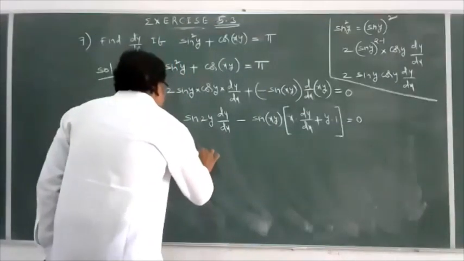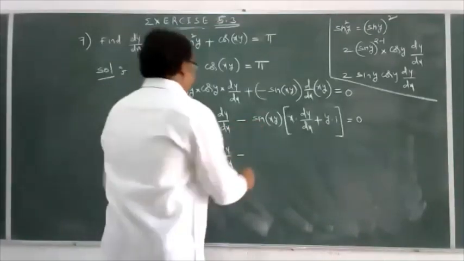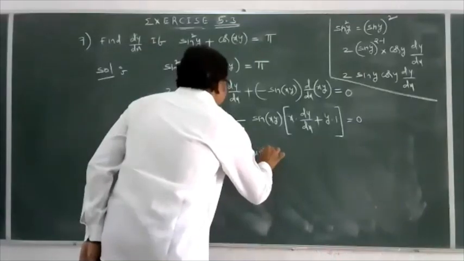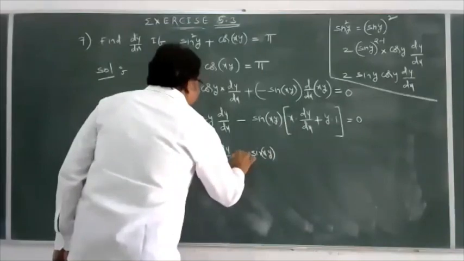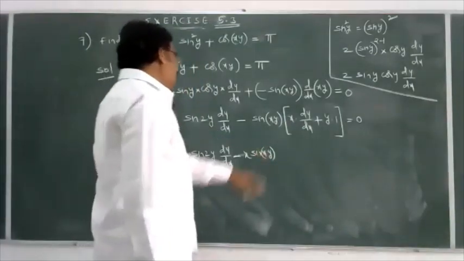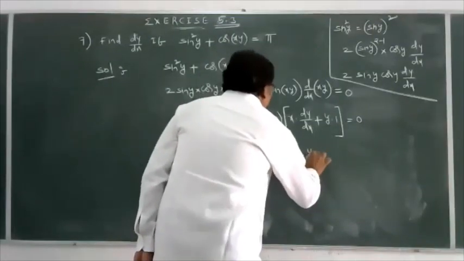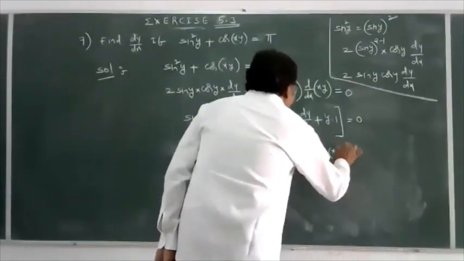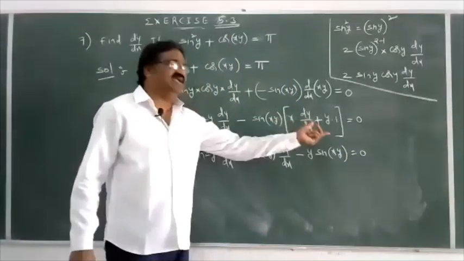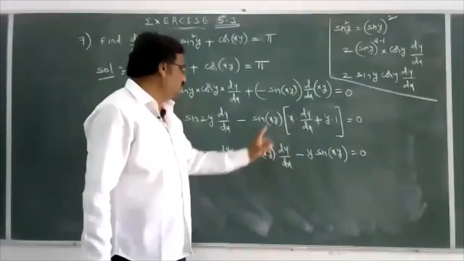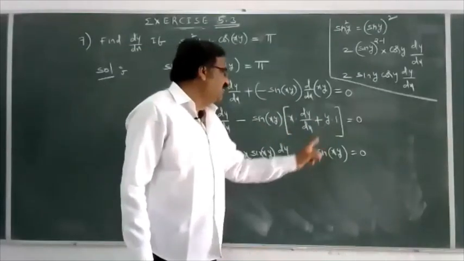Here sin 2y into dy by dx minus, multiplying this sin of xy in the bracket, minus x into sin of xy into dy by dx minus y into sin of xy is equal to 0.